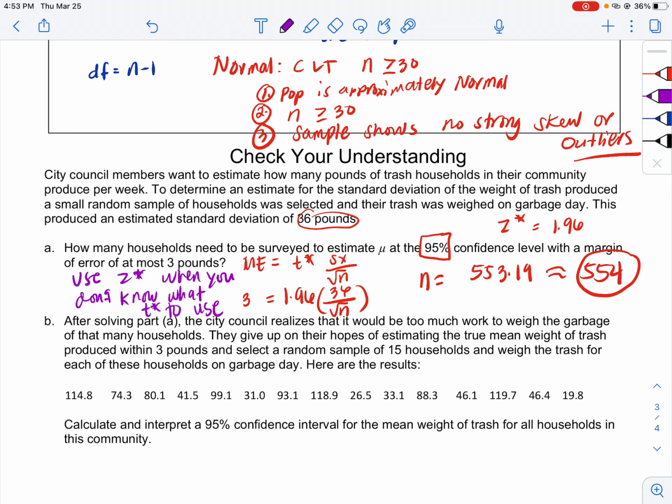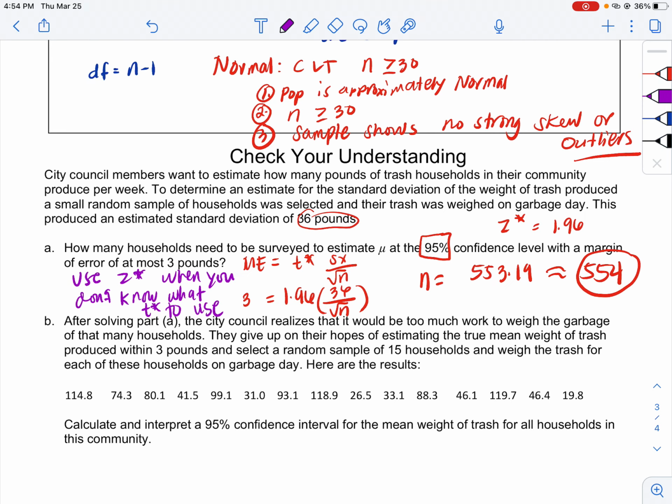Okay, so we have to plug in all of these numbers into our calculator, and hopefully you guys know how to do that already. We're gonna plug it in to add list and spreadsheet, and once you've plugged in everything, go to one variable statistics, and I've already done this with you over and over, so hopefully you already know how, but I'm also going to be showing it to you one more time during class.